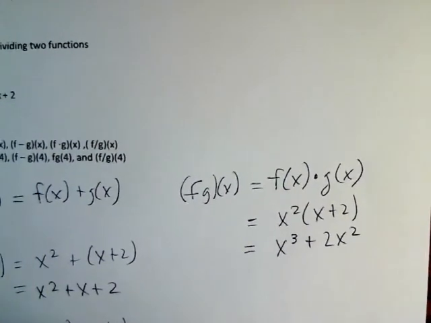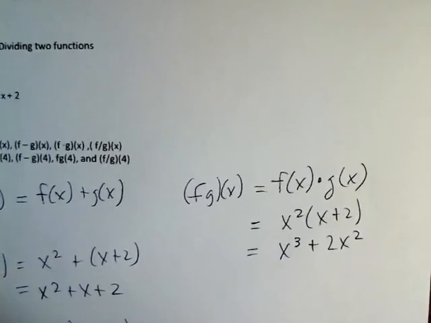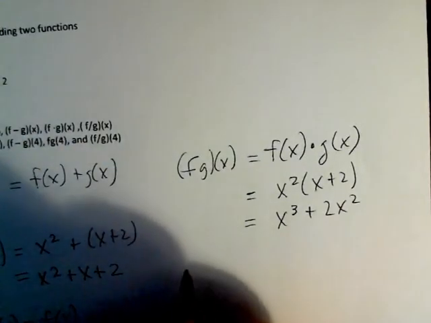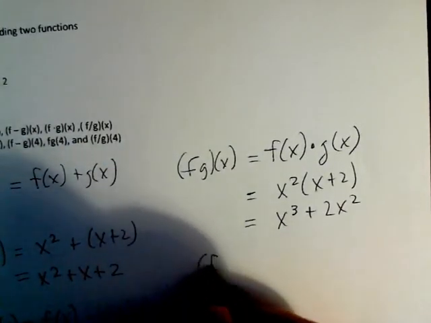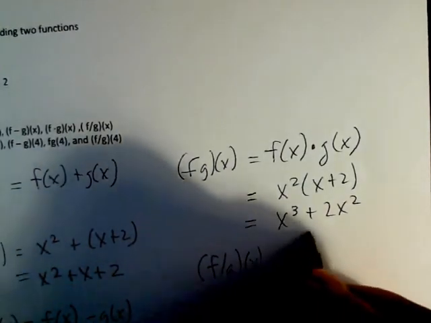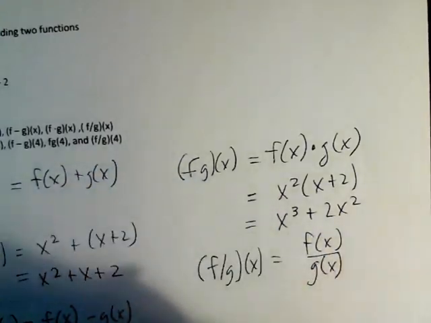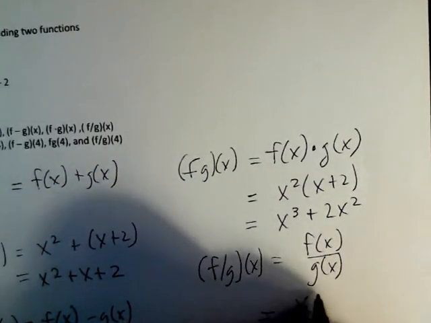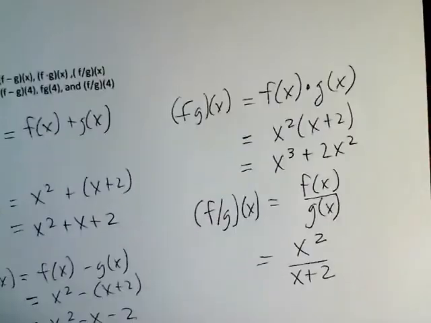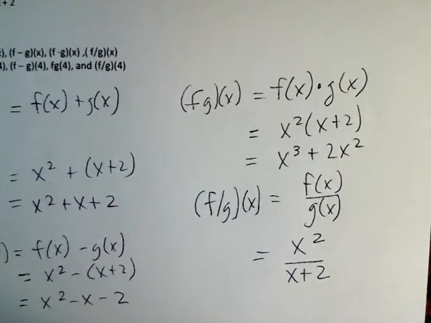And I'm done. The last operation we can do with functions is f divided by g of x. So that's going to be f of x over g of x, which is x squared over x plus 2. There's nothing else I can do with that, so I'm finished.